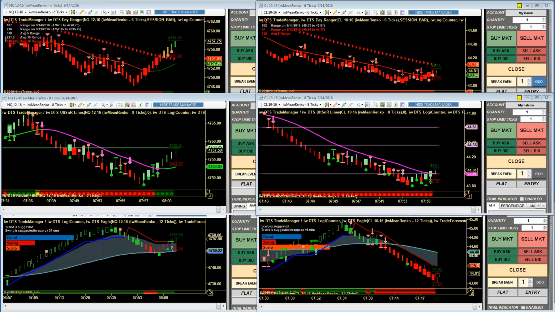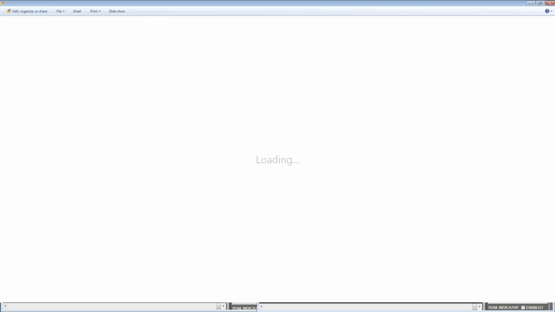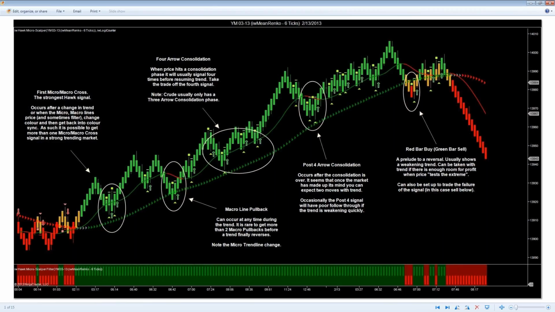Lee is asking, do the signals come with a PDF? Yes, definitely. We also have these, what we refer to as cheat sheets. So here's the Hawk cheat sheet to highlight the high probability signals on the Hawk. So these are the signals that we're going to focus on. First micro-macro cross, the macro pullback, 4-arrow consolidation, post-consolidation pattern, and then the red bar buy or the green bar sell.